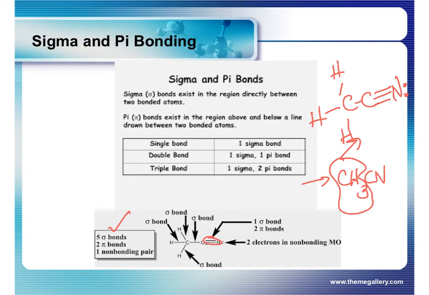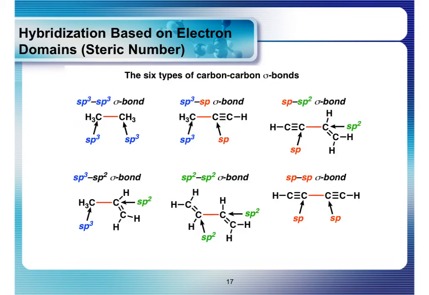Every triple bond has 2 pi bonds. And if the question happened to ask for a non-bonding pair of electrons, lone pairs, there is 1 on the nitrogen. So look forward to this type of question as multiple choice on your next exam.